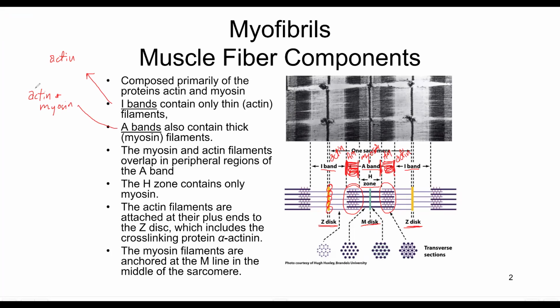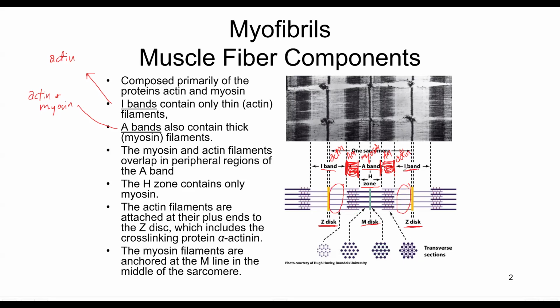A fair question to ask is, how am I going to be evaluated on this? One way is by being able to identify what these proteins here and these proteins here are.